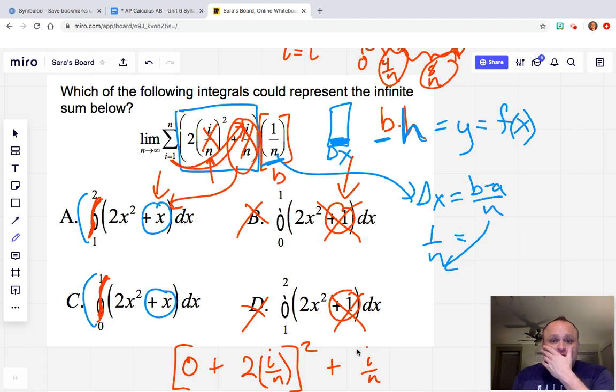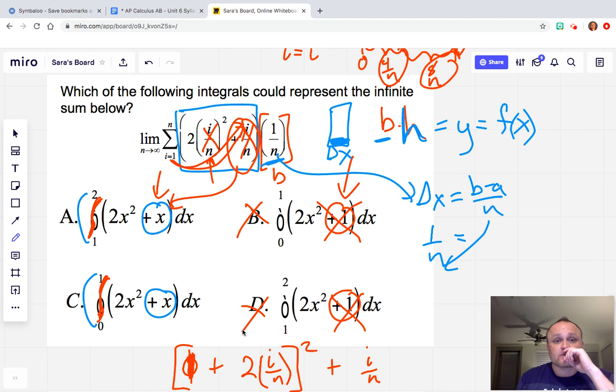Okay? So it's going to start at 0, and it will go up by this 2i over n quantity, that's squared, and then plus this x here. Okay, so 2x squared plus x, but there's no constant here. That's why it's not going to start at 1. Otherwise, it would be 1 plus 2i over n quantity squared, and so on and so forth.